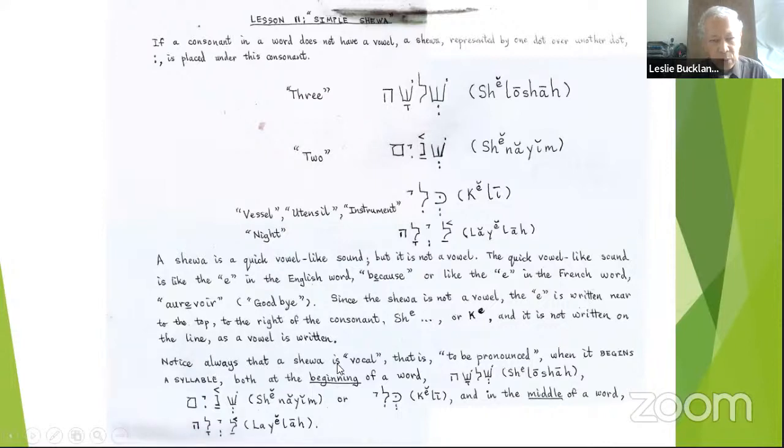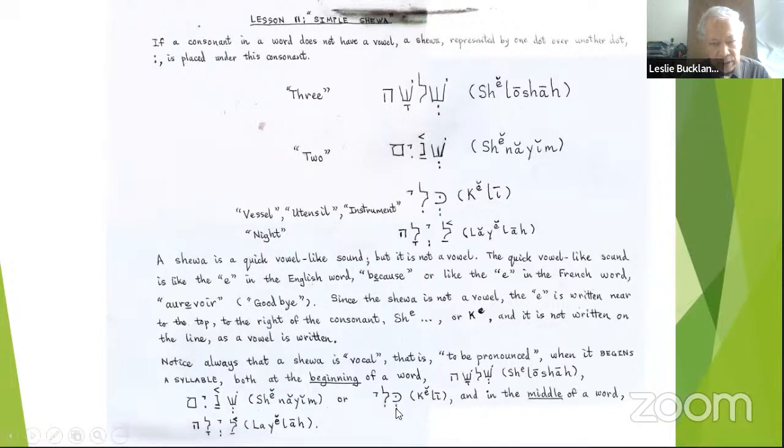Notice always that a schwa is vocal, that is, to be pronounced when it begins a syllable, both at the beginning of a word, as we have in shelosha. I have pronounced the simple schwa, shelosha. Here's another example, shenayim. I have again pronounced the simple schwa, or keli.